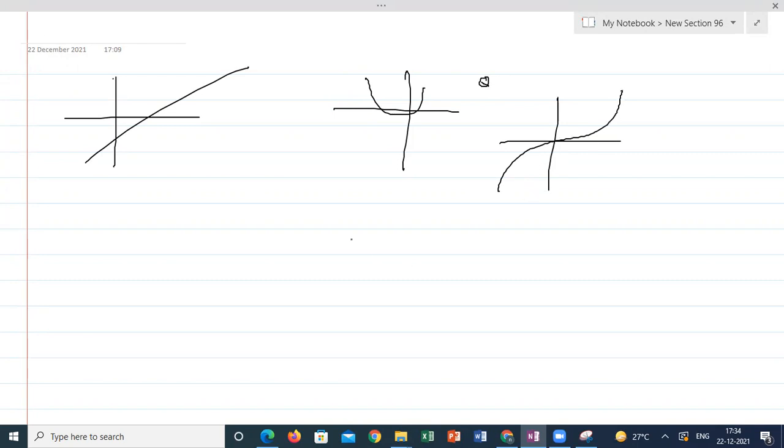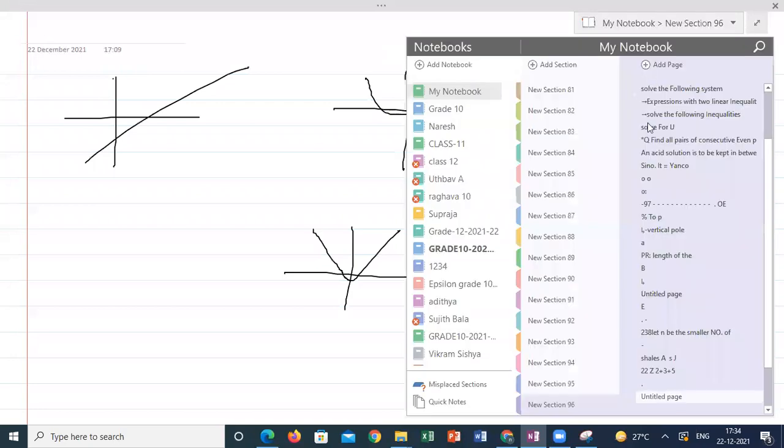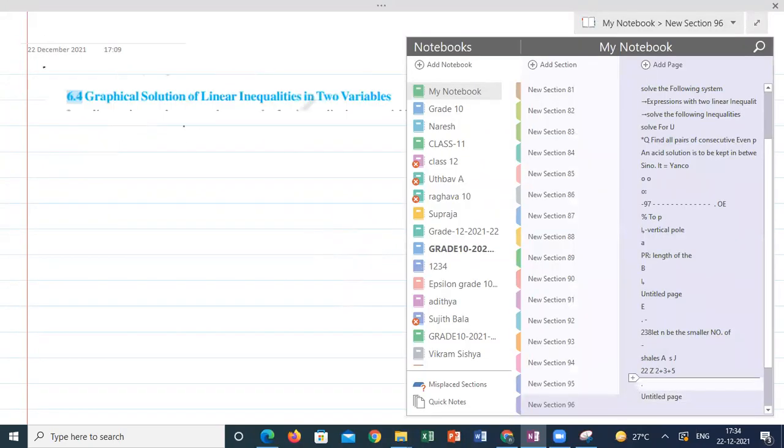Like this, we also have the modulus function, sin x, cos x, tan x, all having graphs. That means each and every algebraic expression represents some graph, diagrammatically.